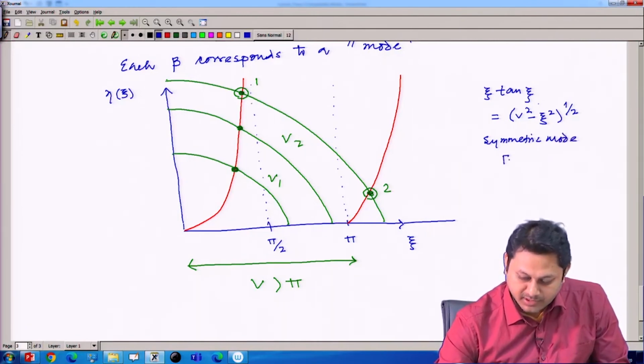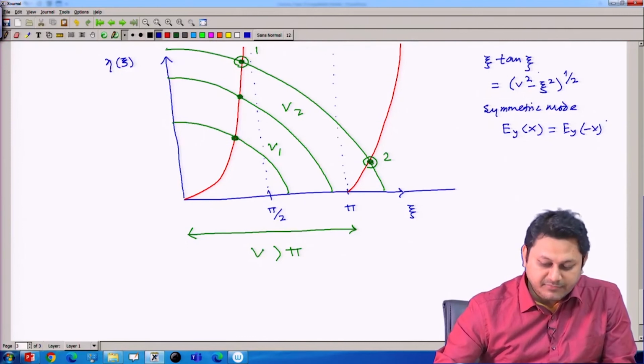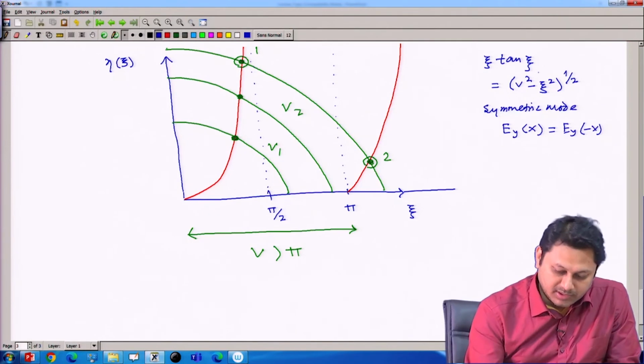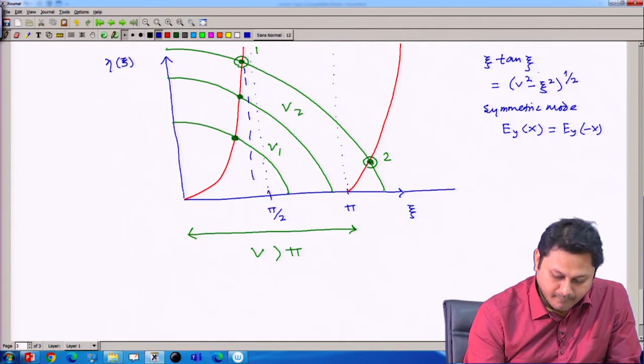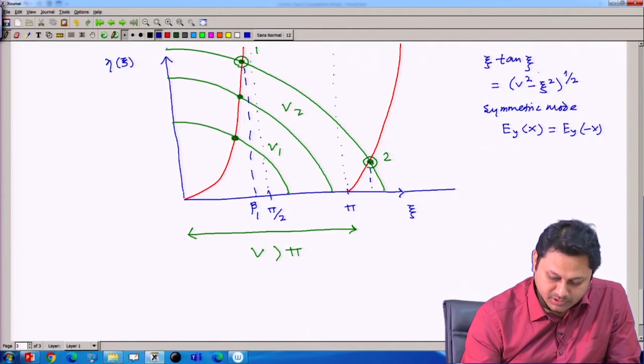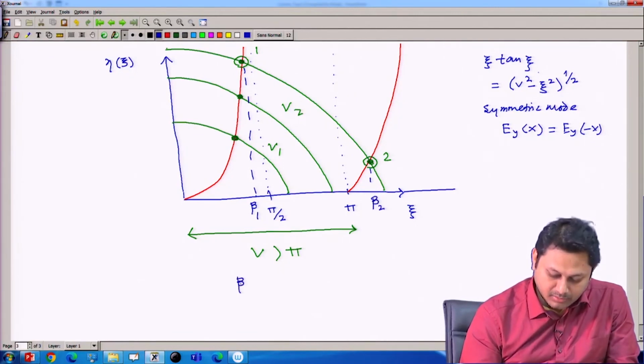In symmetric mode, what was the condition? The condition was Ey of x is equal to Ey of minus x. So, we interestingly find that if I increase the value of v, I am having two solutions now. If this solution is beta 1 and this solution is beta 2, we already showed that beta 1 is greater than beta 2.